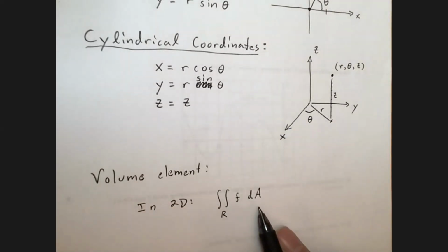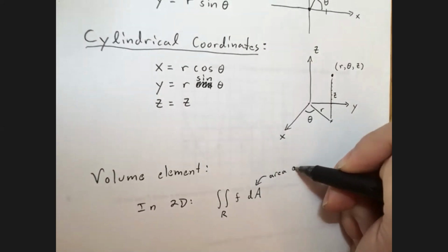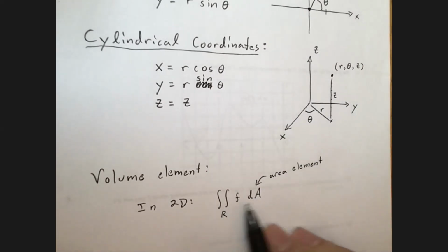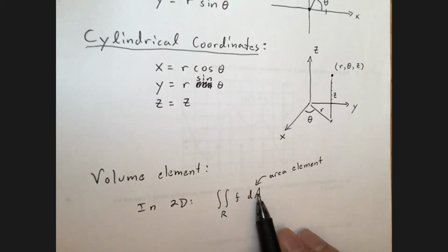That's the area element, and it represents an infinitesimally small chunk of area. The integral multiplies that by the function and then adds up all those values. So when you integrate a function like this, you get the volume underneath the function, because you're multiplying the height of the function times the area. But we need to talk about what this area element is, and we talked about that.